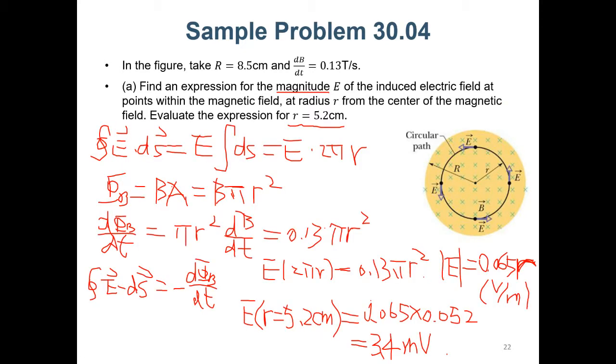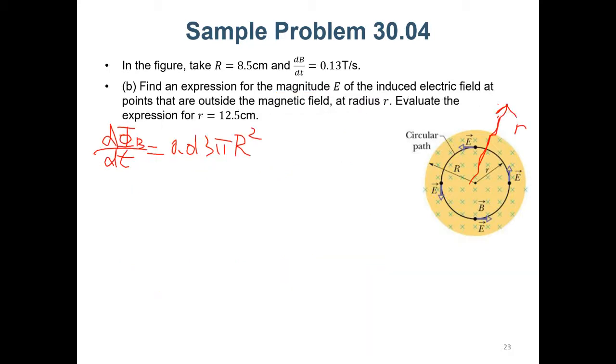In the previous case, d phi B/dt is 0.13 pi small r squared. For this case, pi capital R squared. Within this circle, there is magnetic flux and of course the change of magnetic flux, but outside there is no magnetic flux. So we use the capital R in part B.